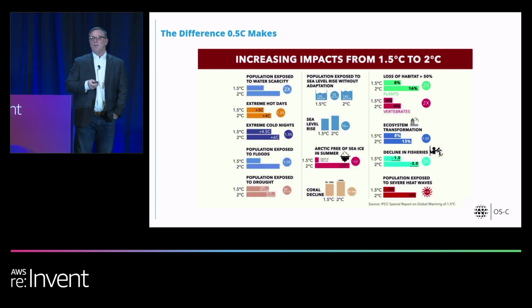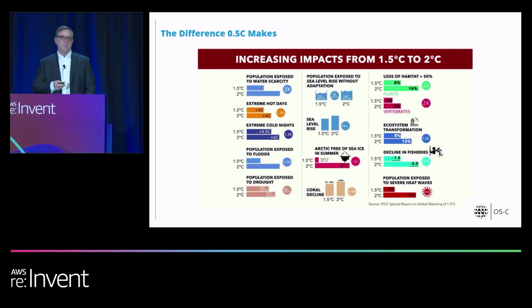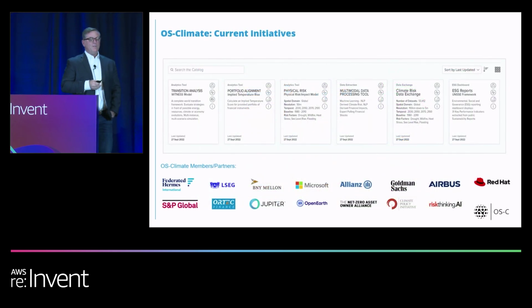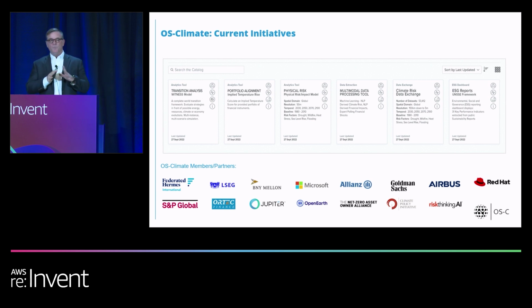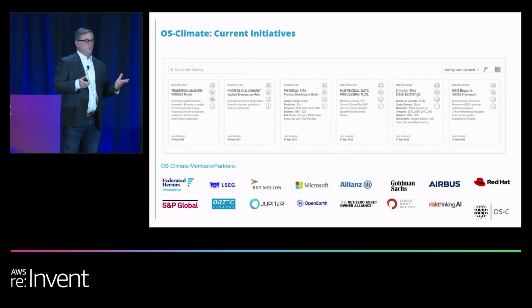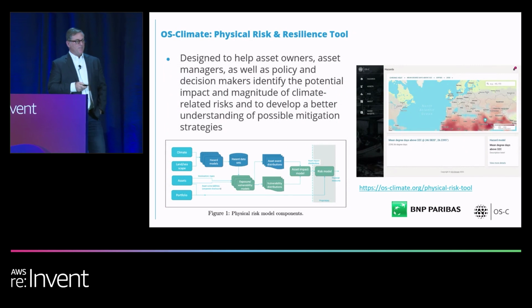I said we were on a 2.7 degree pathway today, right? So it's fairly stark. At OS Climate, what we're trying to do is take all of that data, and we're building numerous products, tools, algorithms, through these collaborations and making them available to everybody. So I'll walk through some of them.